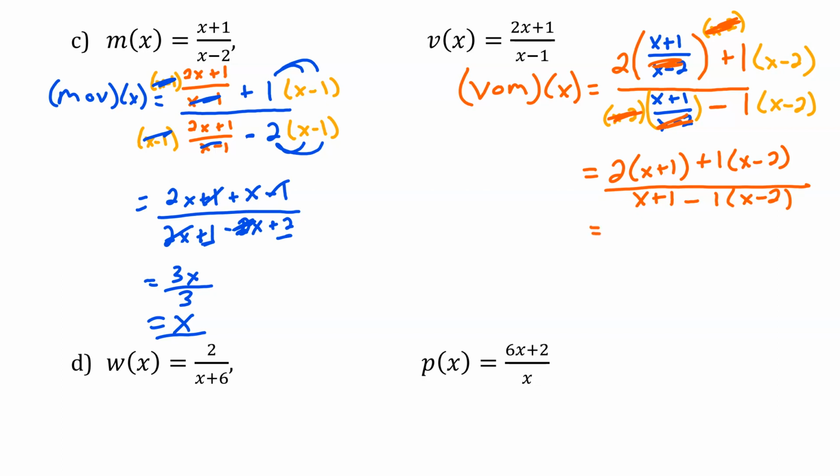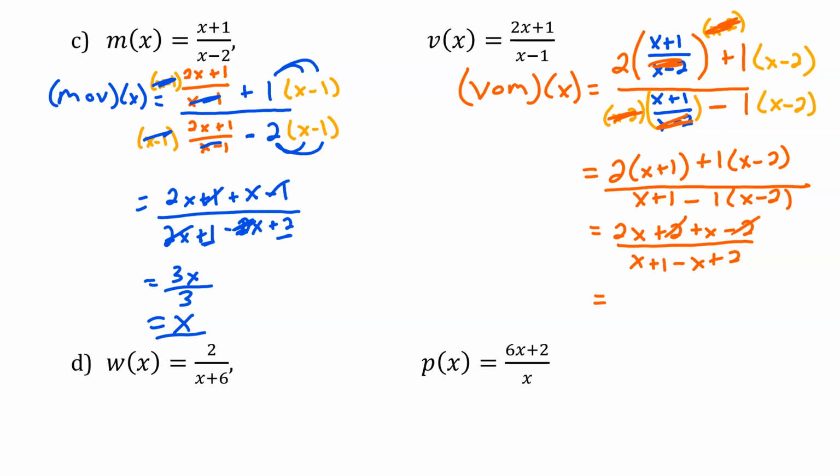Now let's distribute and simplify. So we've got 2x plus 2 plus an x minus 2 on the numerator. We have an x plus 1 minus an x plus 2, because negative times negative gives me a positive.